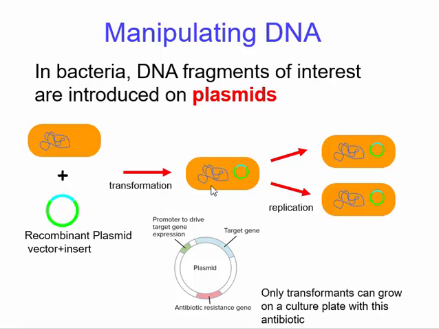So one way we can do this is to make sure that our vector, our plasmid, has an antibiotic resistant gene. What that's going to do, it's going to produce an enzyme that confers resistance to some antibiotic, let's say kanamycin. Now when we grow this bacterium on a medium that contains kanamycin, the only way a bacterium can grow is if it's picked up this plasmid.